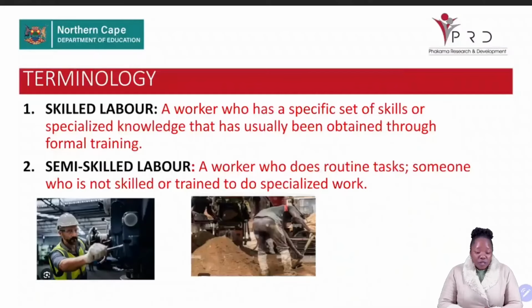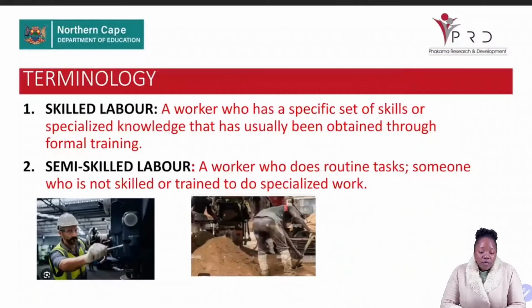Then secondly, we're talking about the semi-skilled labor. With semi-skilled labor, we are talking about a worker who does a routine task. When you're saying routine task, this worker doesn't have a particular skill or a particular job that he or she is doing. So he can do anything. It's general work.